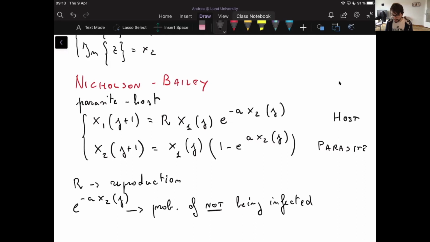So I spared you the details of which type of parasite was being modeled, because it's pretty gruesome and it's early in the morning. But the idea is that in this case, a parasite will infect a host, and then over the course of a year, for example, of a time step, it will kill the host.